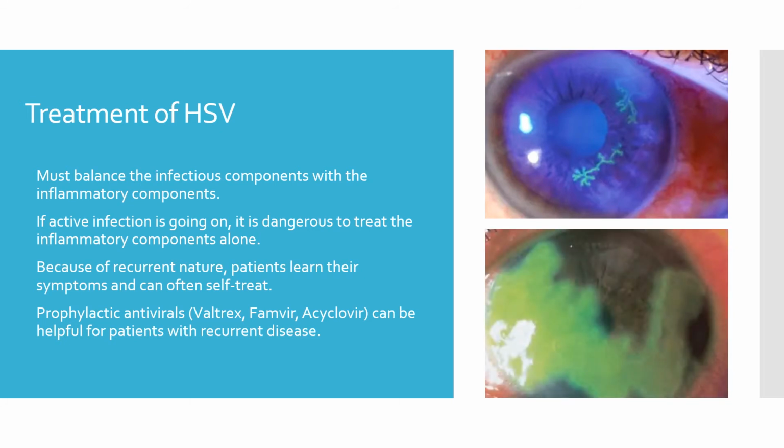And this is because the body cannot kill the virus effectively without the antiviral medication. So this is one of the reasons why, as I've said in a different lecture, if a patient is going to go on steroid eye drops, it's good for them to be managed by an eye doctor. If a patient is sick enough to need steroids, they're probably sick enough to be managed by an eye doctor.